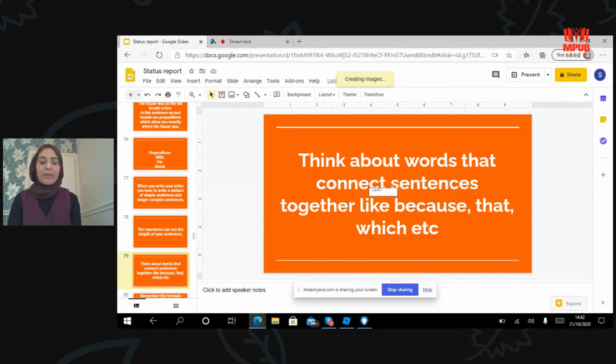So if you think of a simple sentence, like the trouble started about 3 months ago, you can see how you can use words to connect a simple sentence and make it into a longer, complex sentence by using words that connect two sentences together, like because, that, which. There are many other words that you can use.